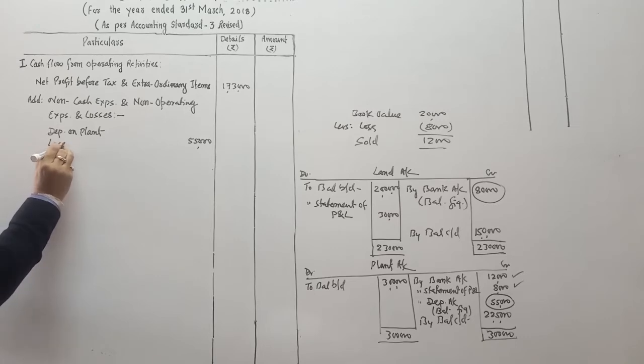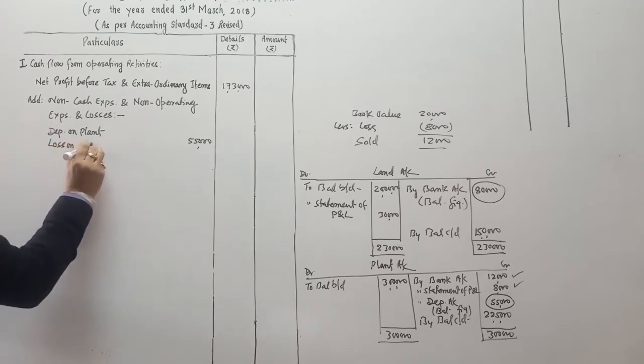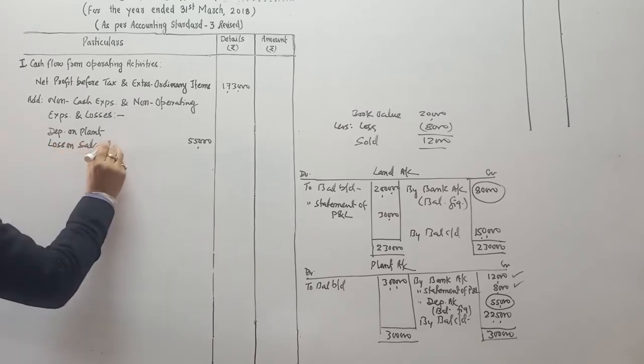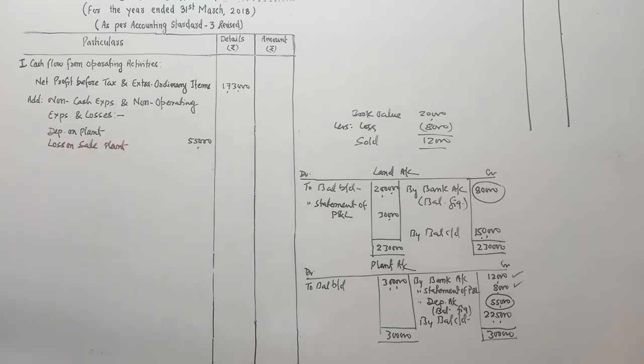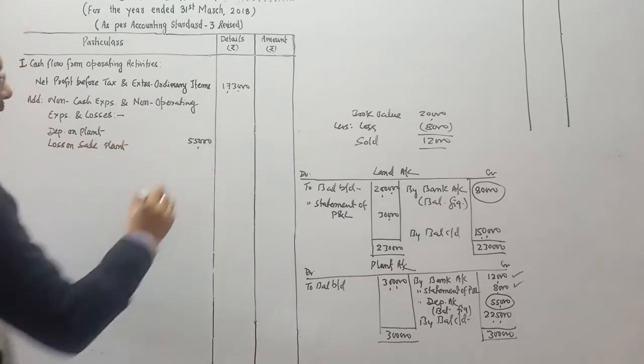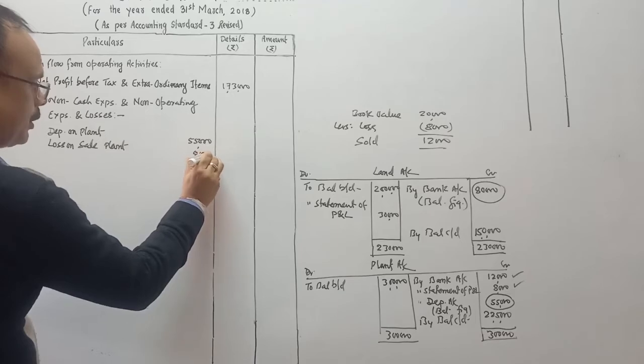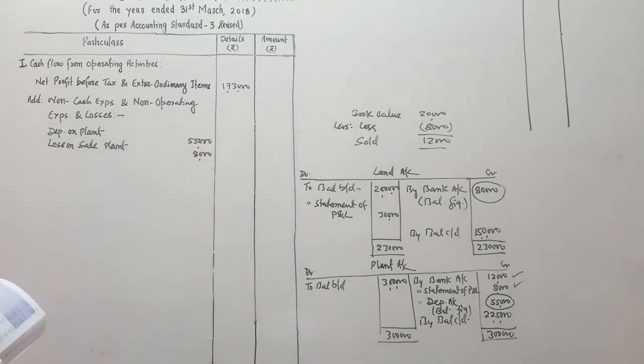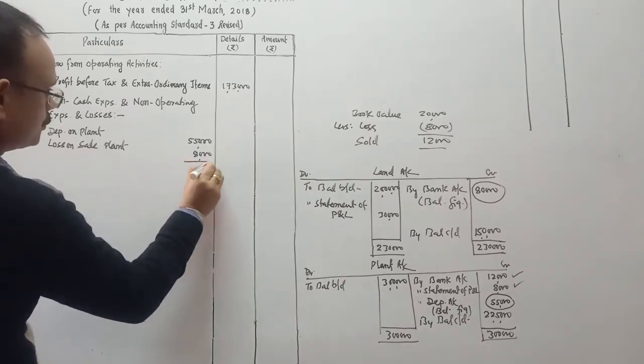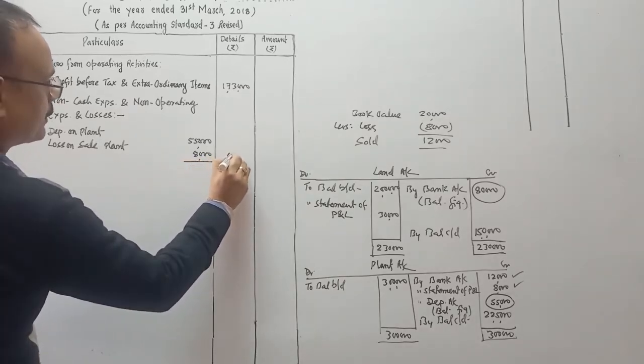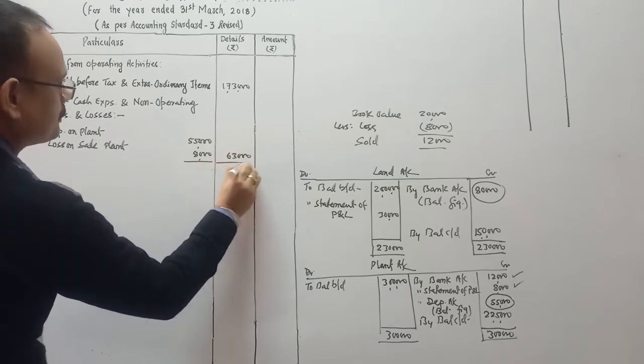Loss on sale of plant is a non-operating loss, and the loss is 8,000. So you add these two, it is 63,000, to the previous figure.